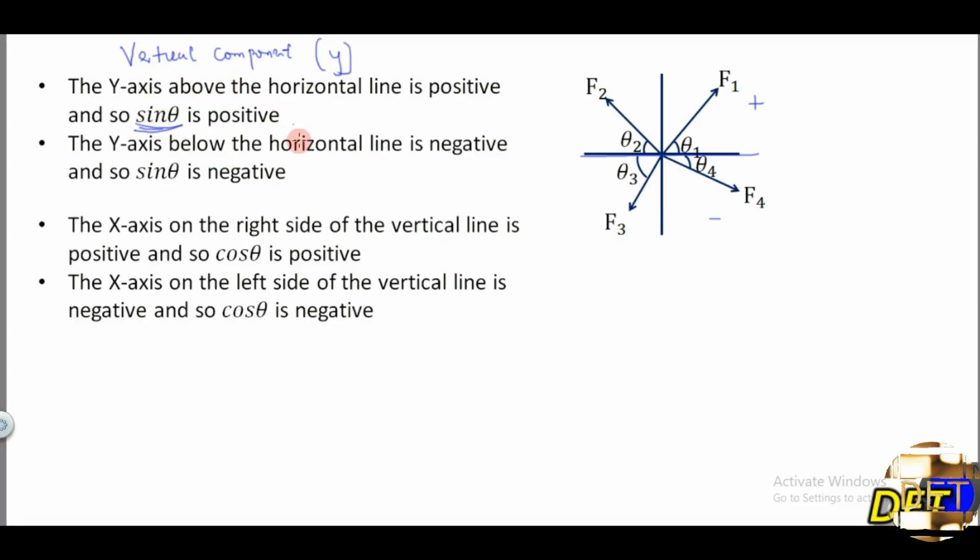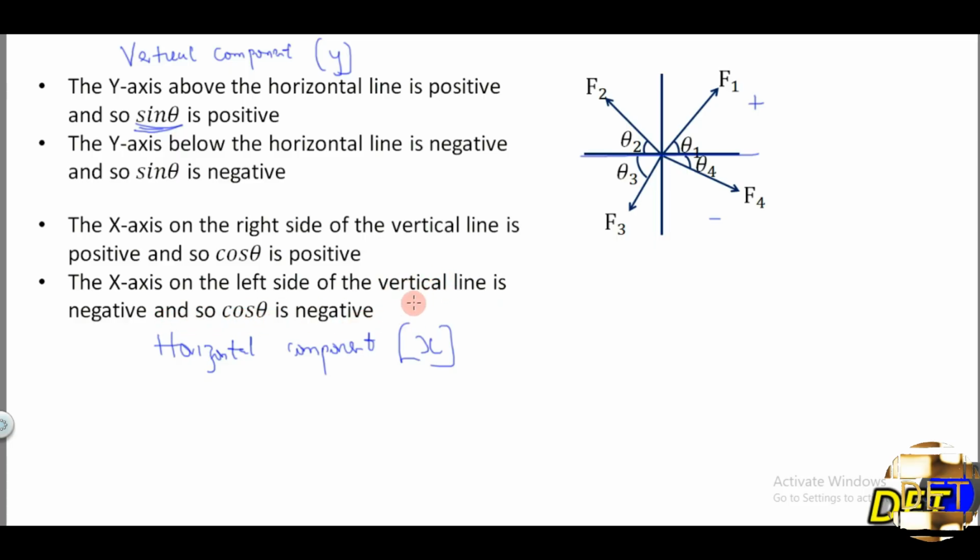For the vertical component. Then this is for the horizontal component, and we represent it as what? X. The x-axis on the right side of the vertical line is positive, and so cos theta is positive. The x-axis on the left side of the vertical line is negative, and so cos theta is negative.